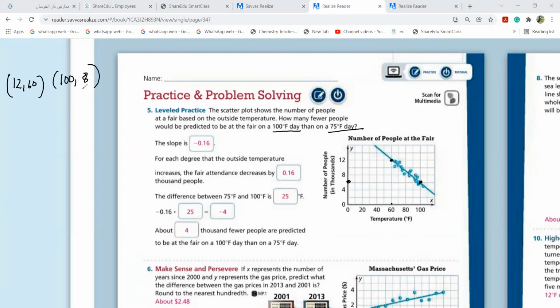Sorry, 106, not 108. Then you have 60 and 12. It's not 12 and 60, because first we write x, that is 60.